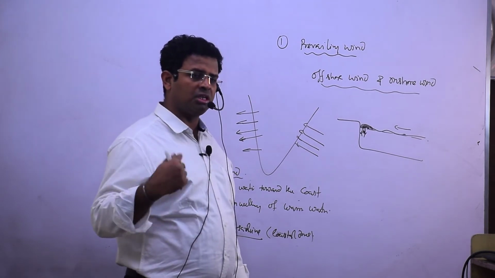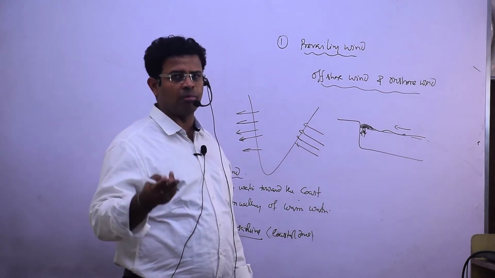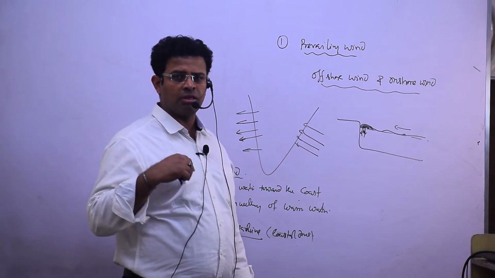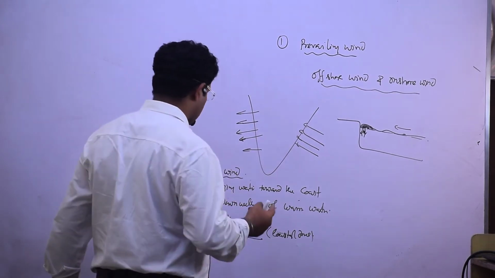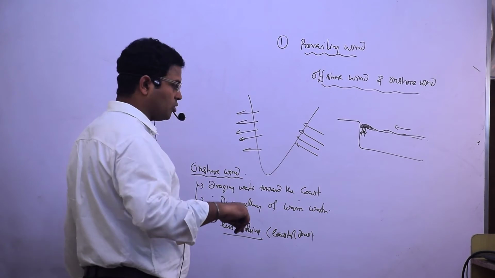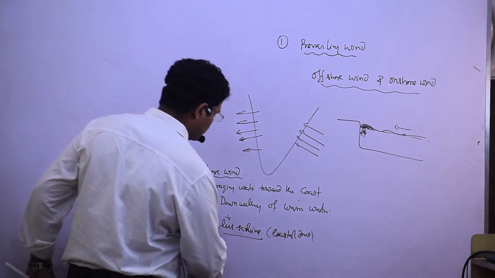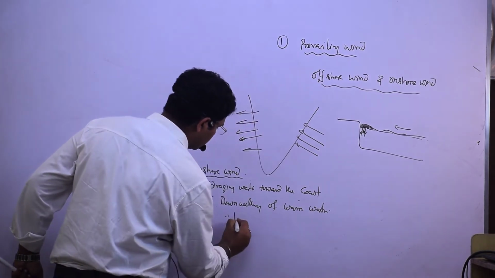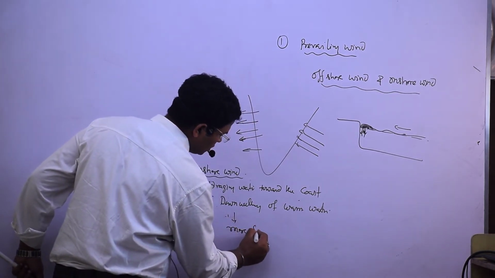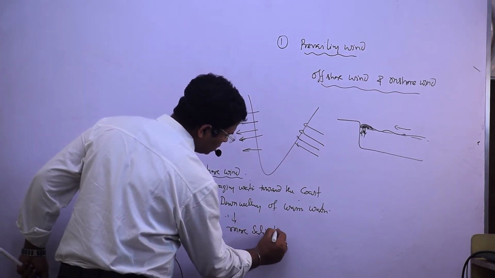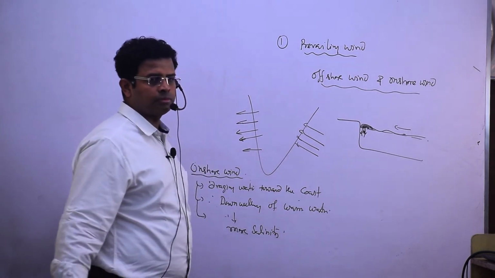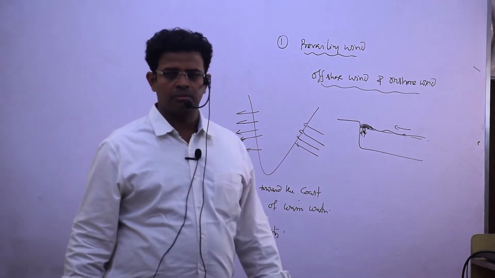Compared to the nearby region where there is downwelling, there must be onshore wind. Everywhere onshore wind is not there. So compared to the other region where the onshore wind is not there, this region will have more saline. So it has a downwelling, and this region will have more salinity. Understood?